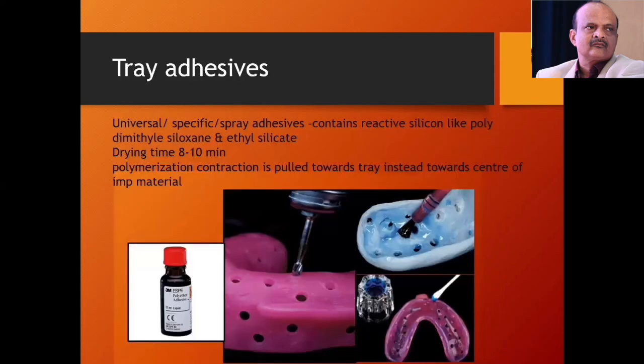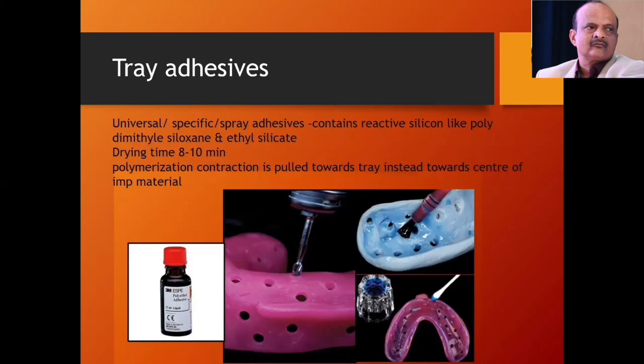The tray adhesives are the tacky liquids which are applied on the interior surface of the impression trays before the elastomeric impressions are made, so that they make the bonding more firm and more chemical adhesion can be achieved.